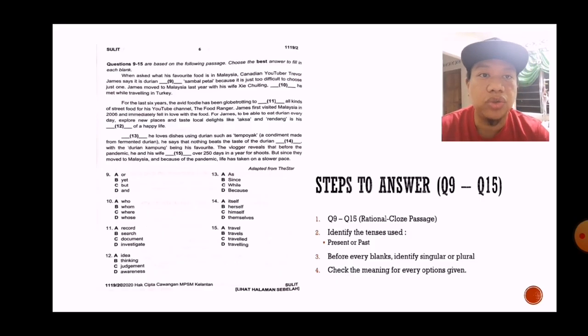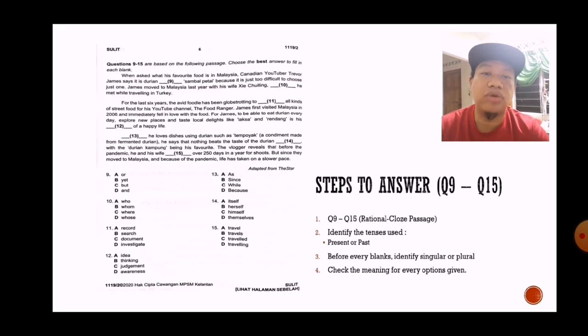Normally after the word to, you need to use the base form. Base form in bahasa Melayu or bahasa Malaysia, we call it kata akar. Remember, after the word to, you must use the base form or kata akar.